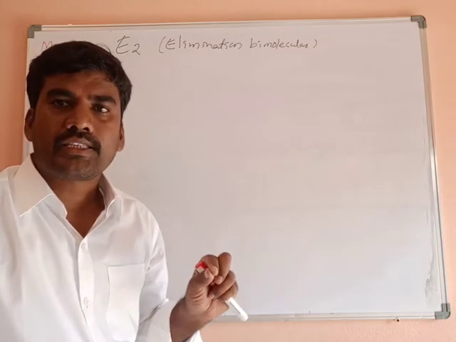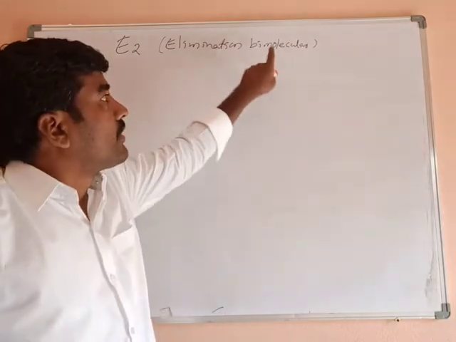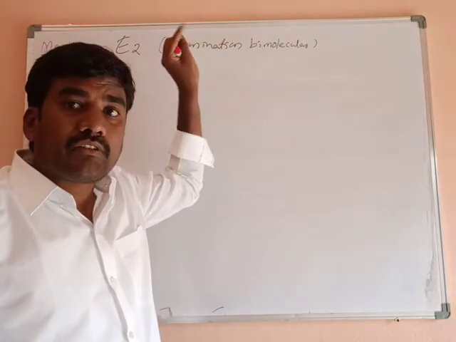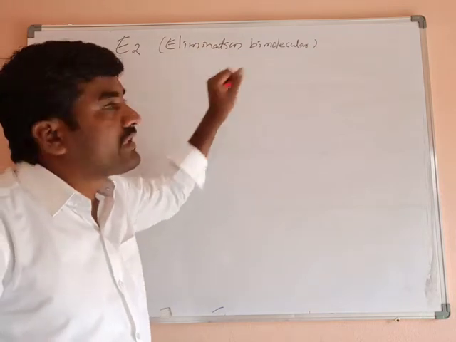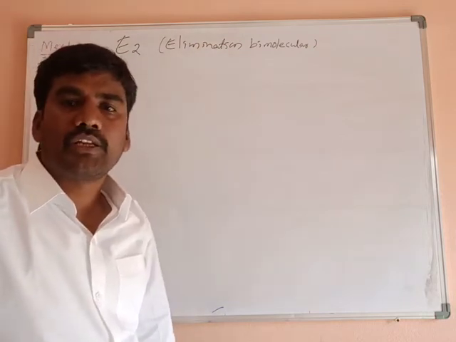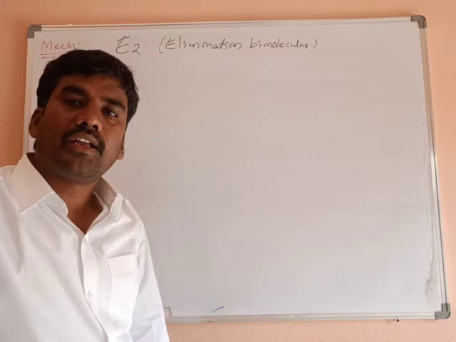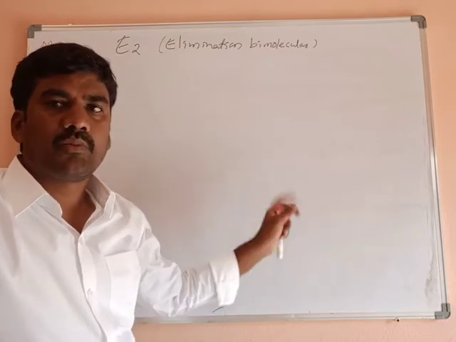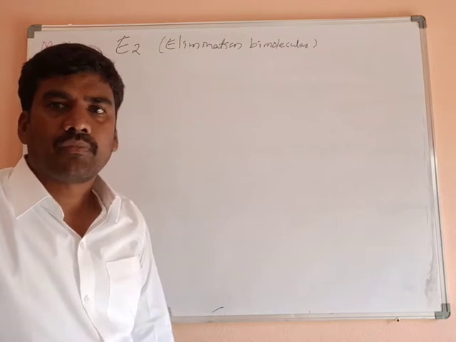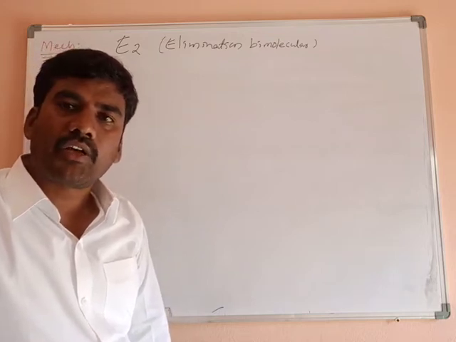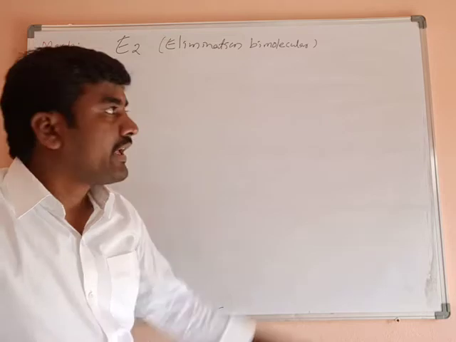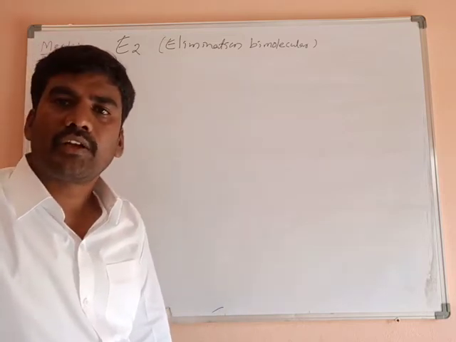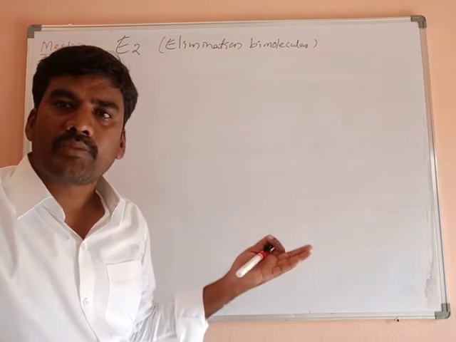In the RDS of SN2, two molecules, alkyl halide and nucleophile, are involved. In the E2 mechanism, alkyl halide and base are both involved in the RDS, so it is also a bimolecular reaction. The order and molecularity of SN2 is 2, and similarly the order and molecularity of the E2 mechanism is also 2.